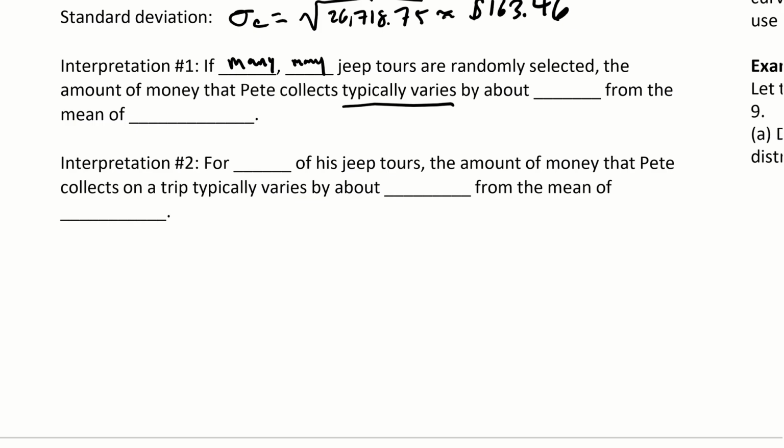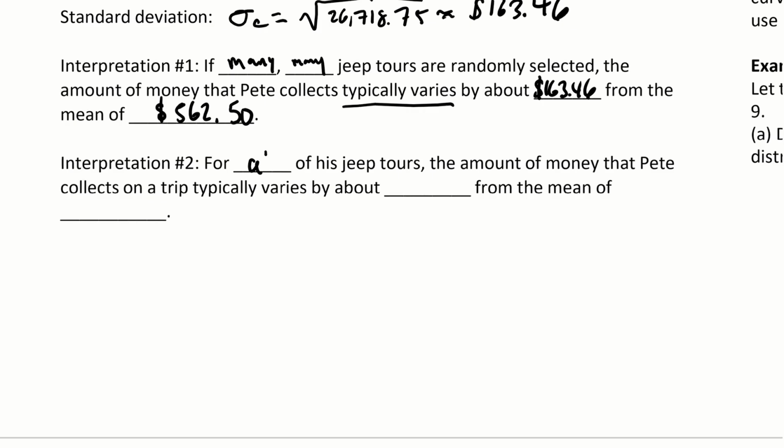Typically varies, or on average it varies by about $163.46 from what? From the average, right? From the mean, and the mean was $562.50.